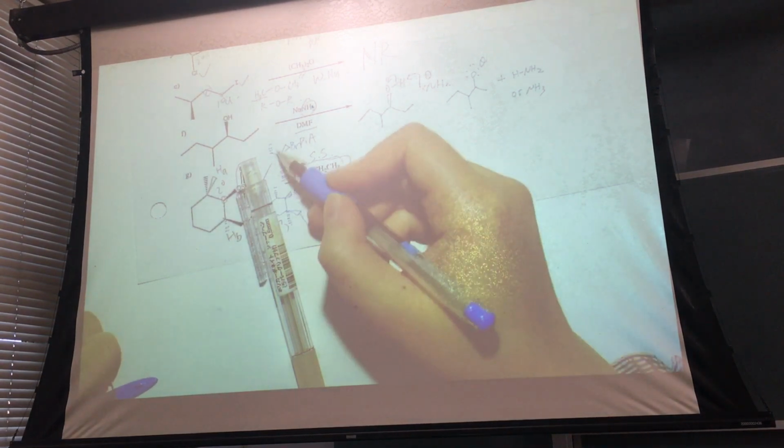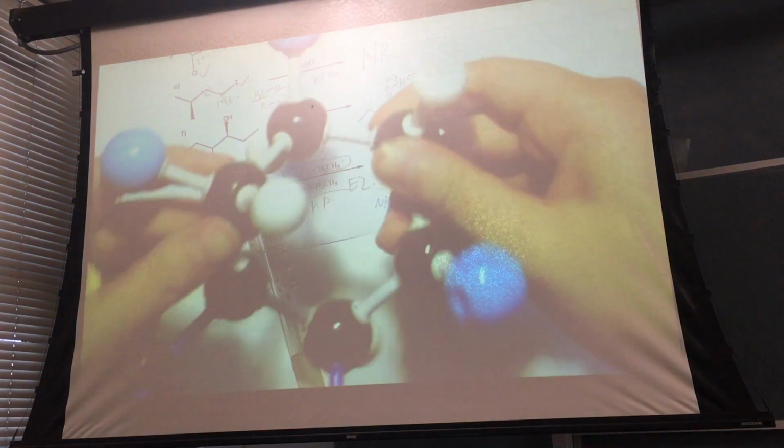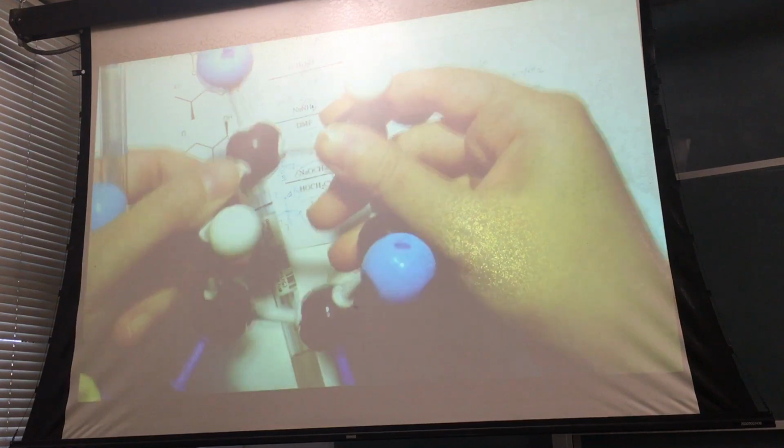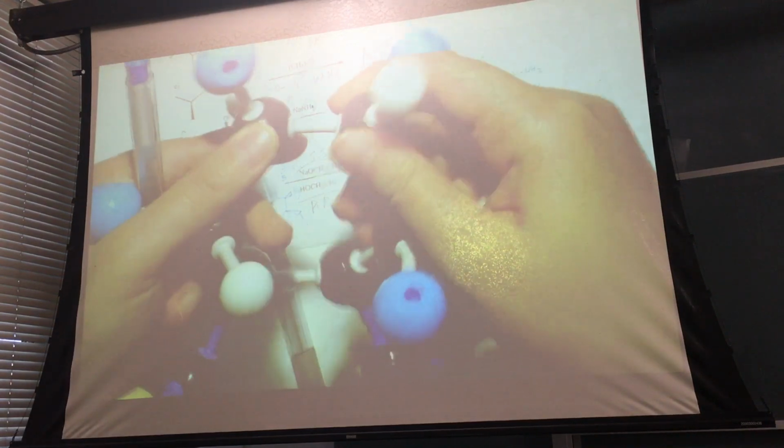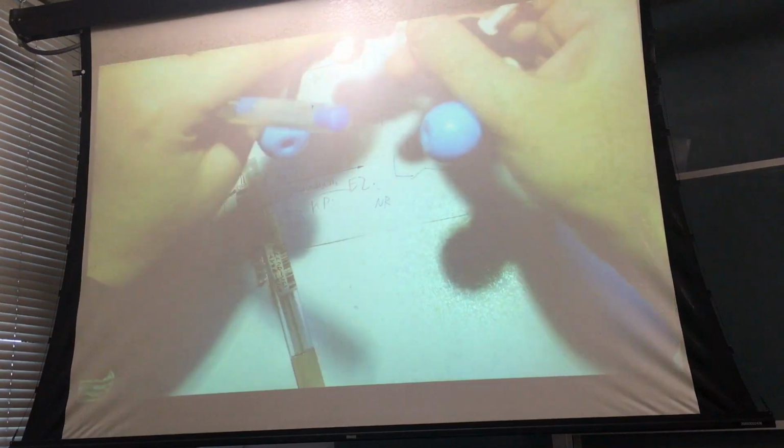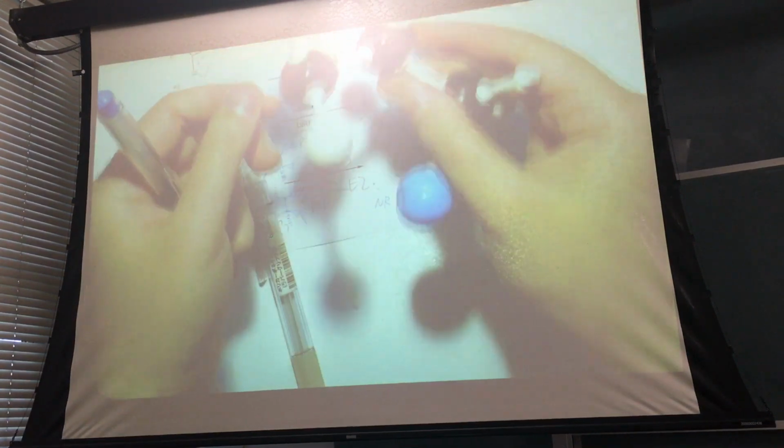If I don't have this side of the ring, then the reason I cannot do free rotation is because of the ring. The ring limits it, so the ring looks like this. You cannot rotate the carbon-carbon bond, but if you don't have the ring, see, that's why I need this model, then you can do whatever rotation you want. Does that make sense?